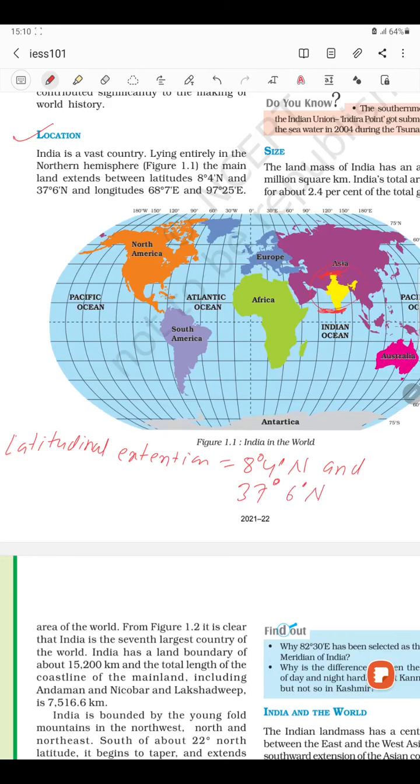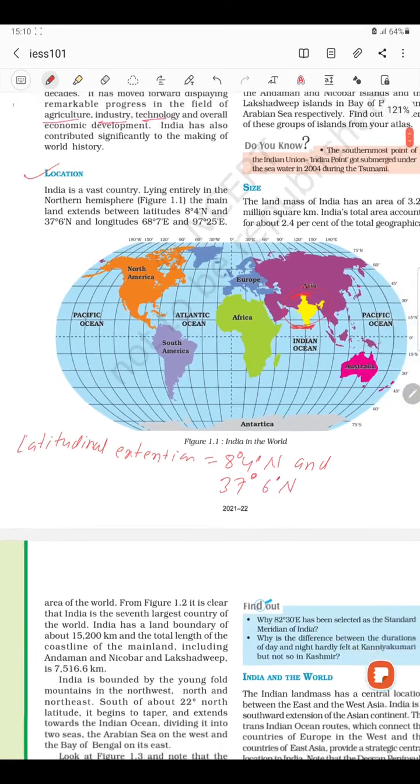India lies in the northern hemisphere. You can see that this one is 0 degree equator, and the whole of India lies in the northern hemisphere. That's why its address is north. Clear? So India's latitudinal extension is 8 degree 4 minute north and 37 degree 6 minute north.